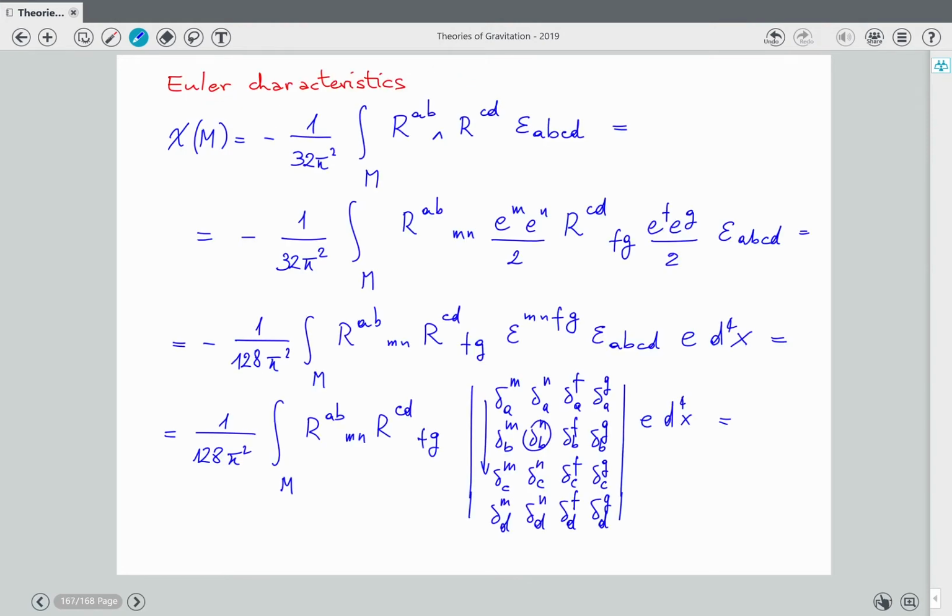And we have done that for this determinant. Then you have minus, you compute this one, for example, and then you will have this times this, and this times that, minus delta BF.